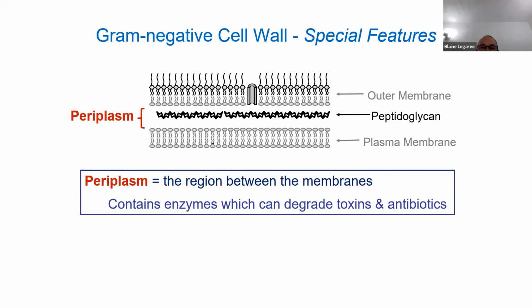And some of those enzymes are involved in building the outer membrane and building the cell wall. But it also often contains enzymes that are helping these organisms be more antibiotic resistant. It turns out that gram-negative organisms are more naturally resistant to drugs than gram-positives, which is important clinically.